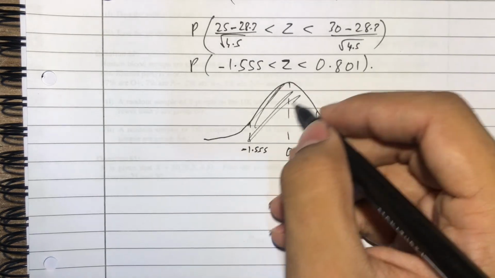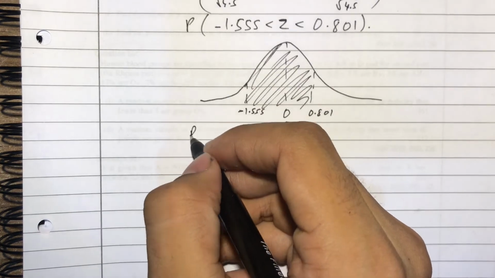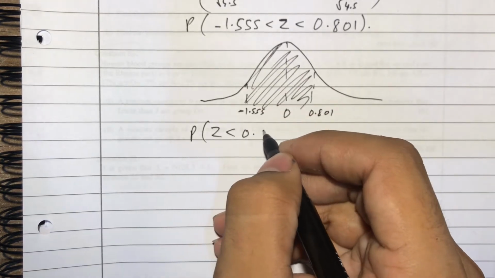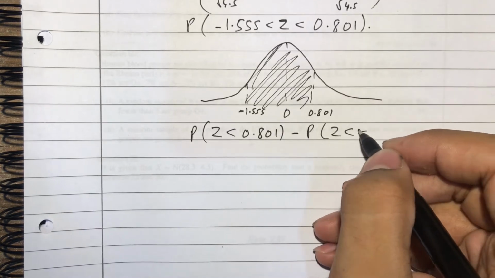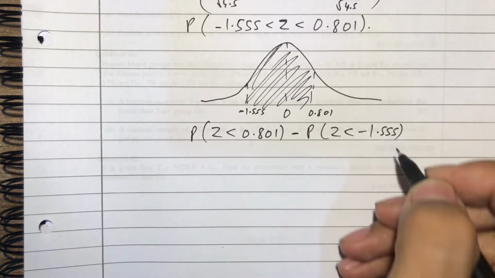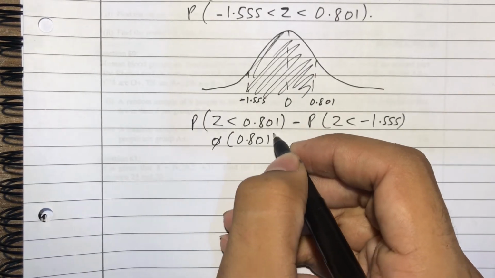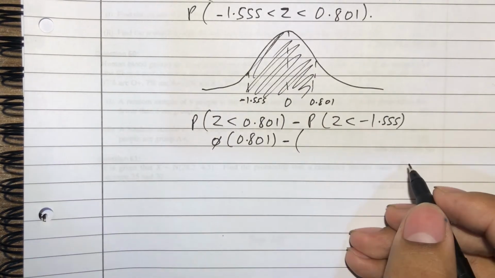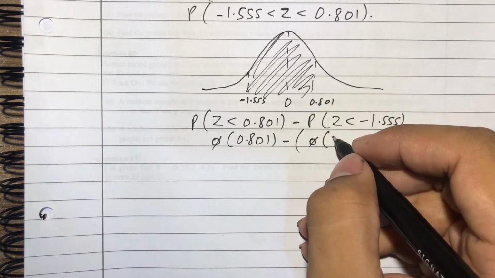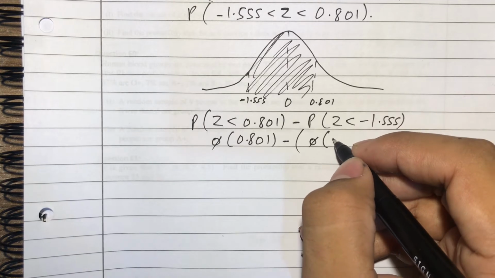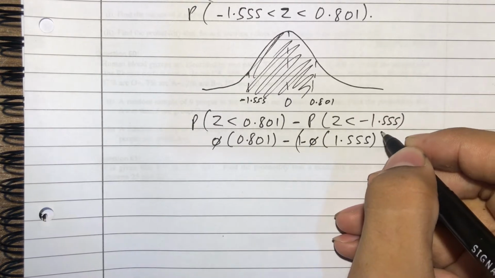We have to find this region. So I'll find the probability of z less than 0.801, subtract the probability of z less than negative 1.555. This is phi of 0.801, and this will be equal to 1 minus the phi of positive 1.555.